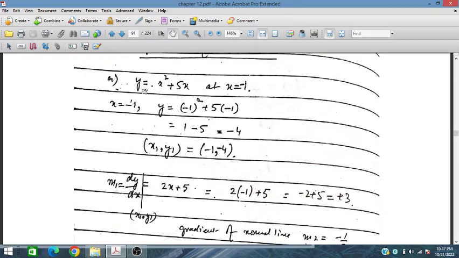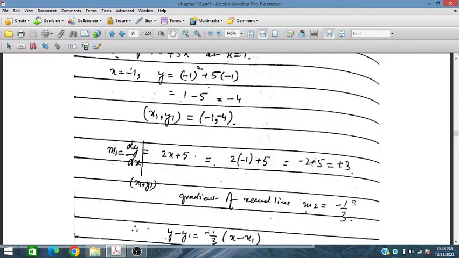So we take the gradient dy by dx, that is the gradient of this curve, which is 2x plus 5, and at this point the gradient is 2x plus 5 with the value of x placed in, so it's plus 3.